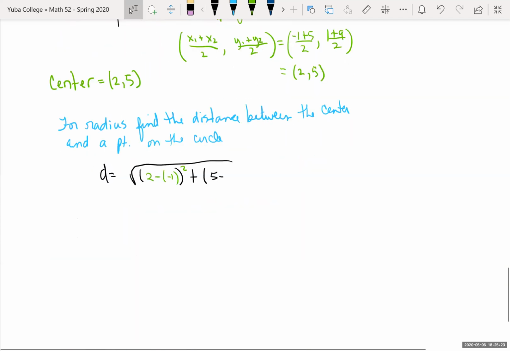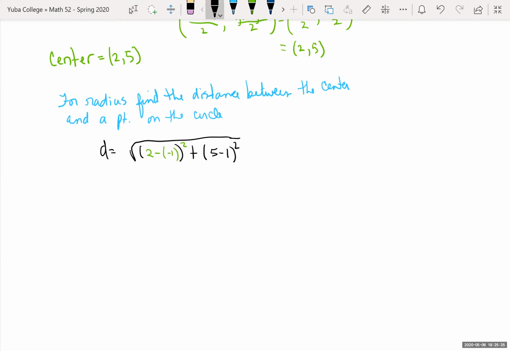So 5 minus 1 quantity squared. So the distance is, well, 2 minus -1, it's 2 plus 1, which is 3. 3 squared is 9, plus 5 minus 1 is 4. 4 squared is 16. So this is equal to the square root of 25, which is equal to 5. So we get that r equals 5.